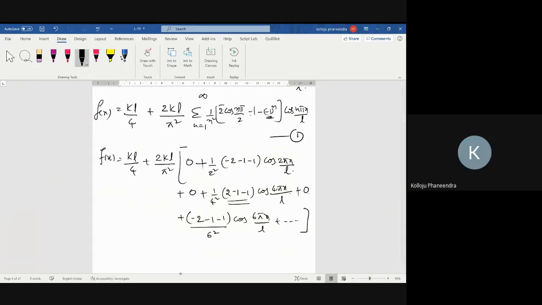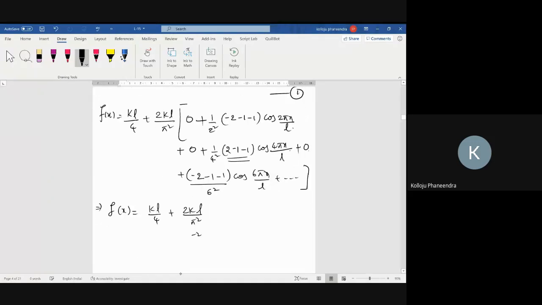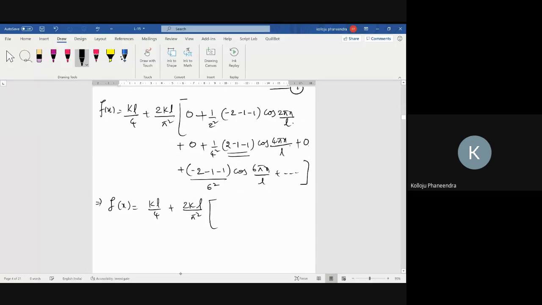So this is f of x equal to, what I'm getting, kl by 4 plus 2kl by pi square. And see, what is the substitution after this? This is minus 4 and this is 4, correct?